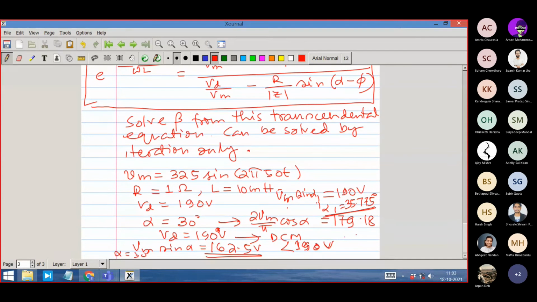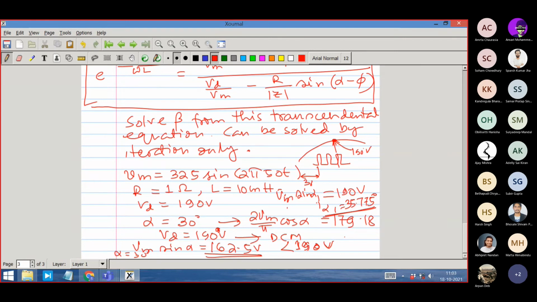Because the AC voltage is continuously increasing, at some point this voltage will be equal to 190 volt. Subsequently, the thyristor will conduct, because at that time the input AC voltage in magnitude is more than the DC voltage, VD.